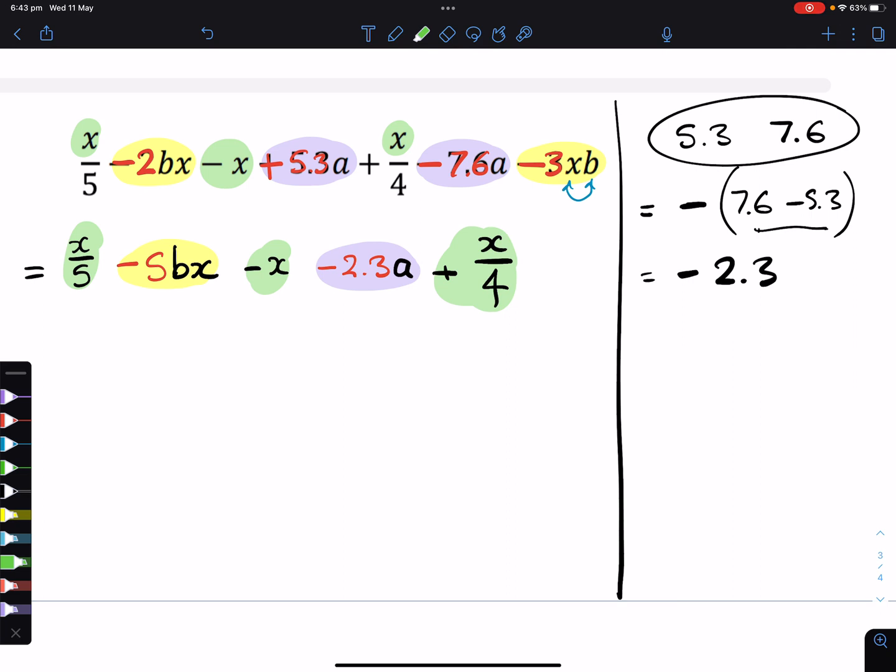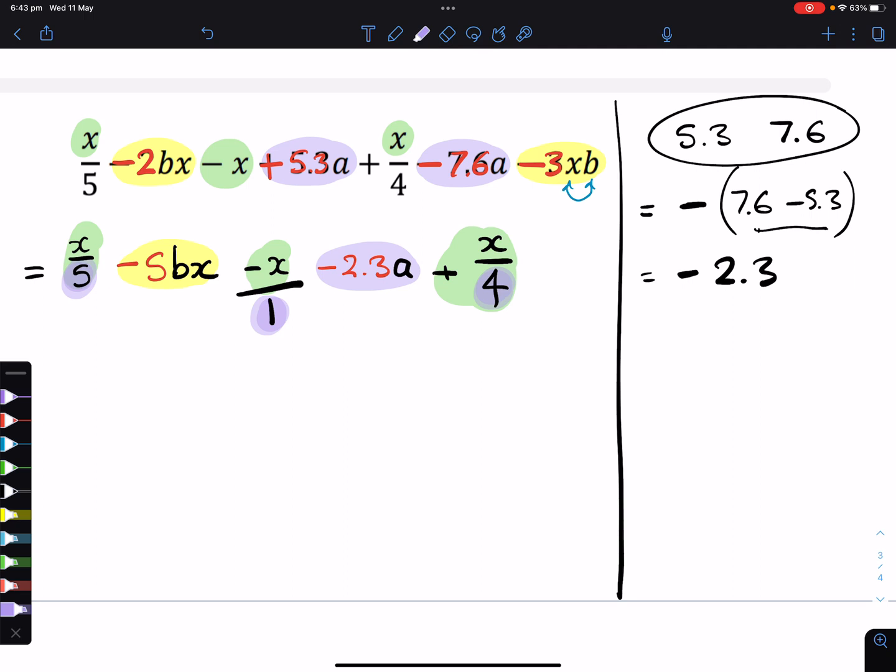So for starters, I'll need to put this x over 1. And now I'm looking at the denominators I've got to work with. I've got a 5, I've got a 1, I've got a 4. What's the lowest common multiple of those numbers I can use such that they're all ending up on the same denominator? I can convert them all into 20.